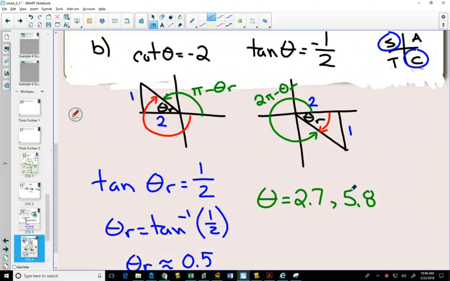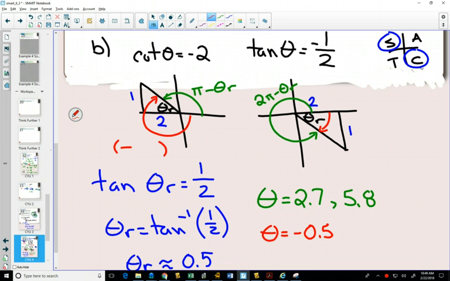For my red angles, in quadrant 4, it's just going to be my reference angle negative. So that one we don't even have to put into our calculator. It's just going to be negative 0.5, the same as our reference angle. For quadrant 2, if I was doing this in degrees, I would do 180 plus my reference angle.